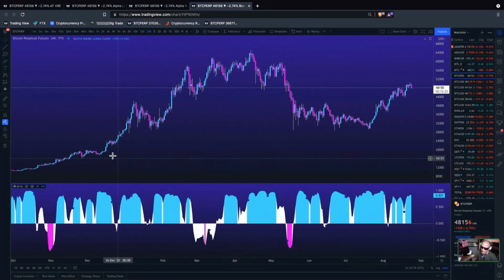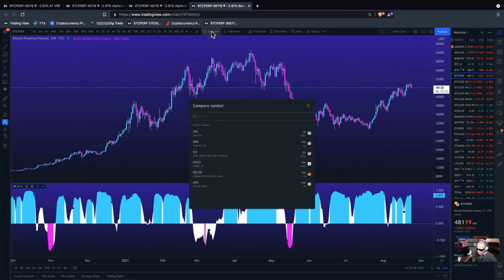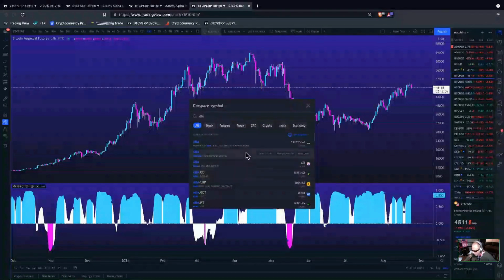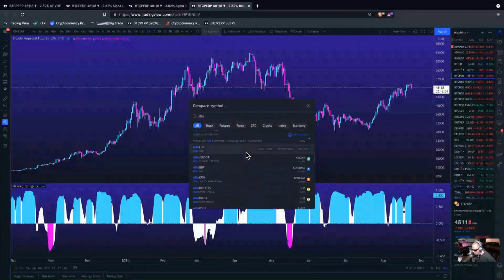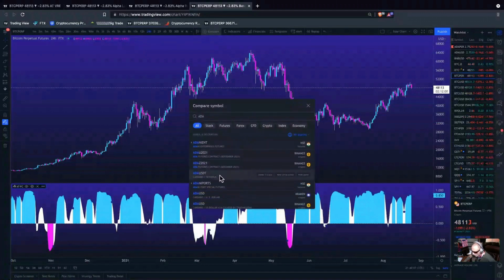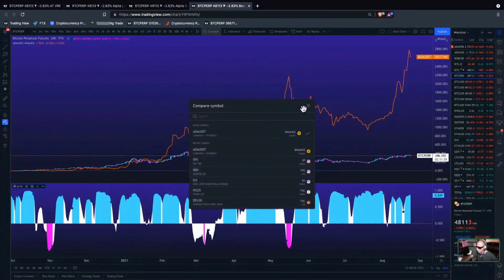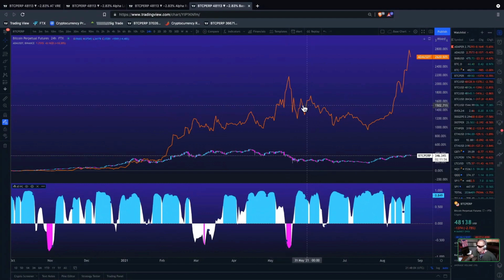I want the Cardano chart to overlay on Bitcoin so you can see both sets of price action. You see this little compare up here, right? Hit compare. What's my compare symbol? ADA, right? And I want the Tether pair, which is right down here. Tether, boom.